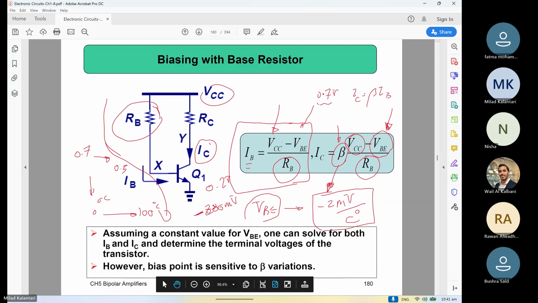So why does the temperature actually go up? Why does the temperature go up in the circuit? There are two things. One, the environment temperature, right?